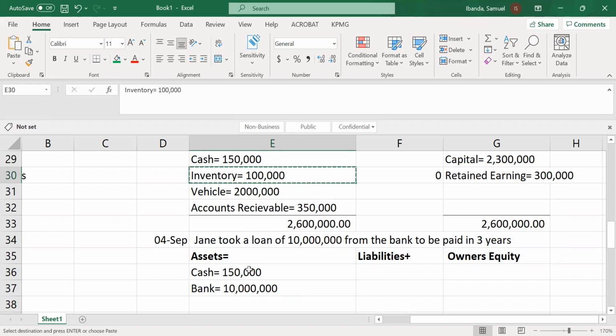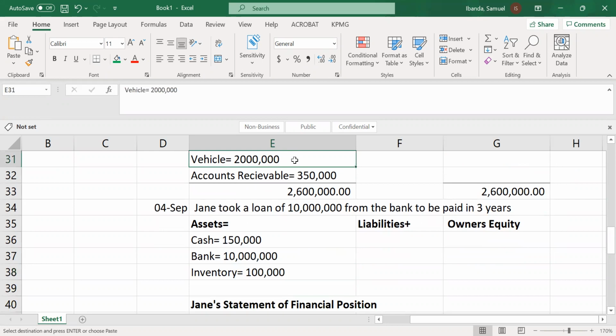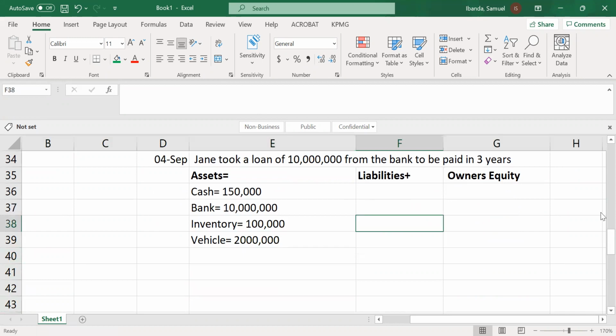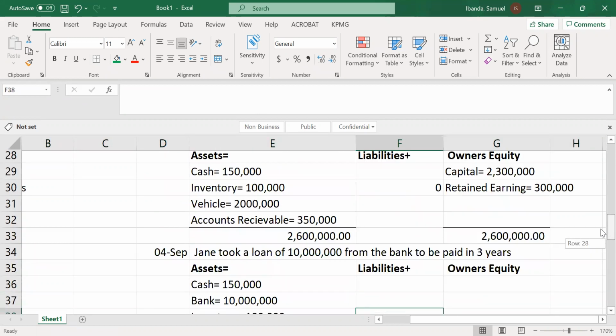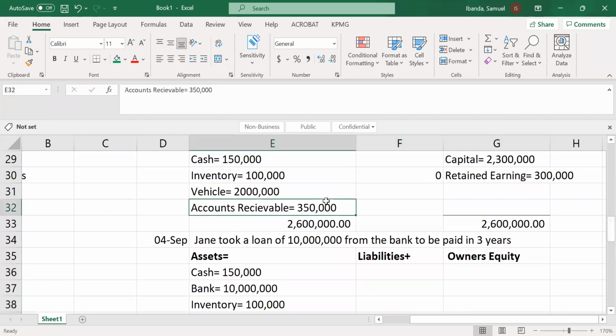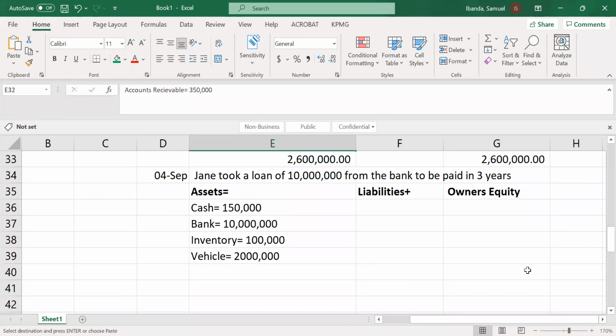Inventory, I'll just pick it as it is, it remains the same. The vehicle remains the same. Vehicle 2 million. Accounts receivable 350,000.